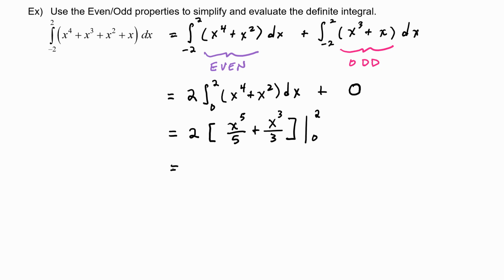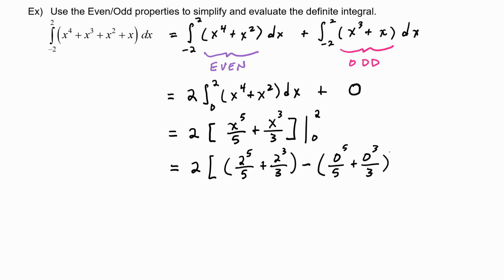Continuing to simplify, this will equal 2 times 2 to the fifth over 5 plus 2 to the third over 3, minus 0 to the fifth over 5 plus 0 to the third over 3.